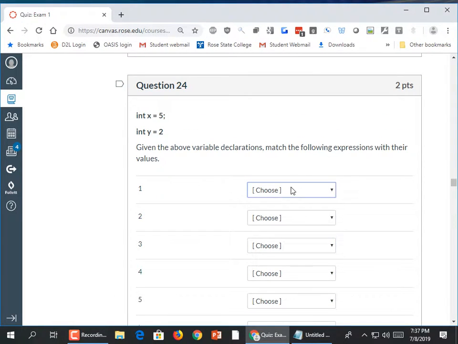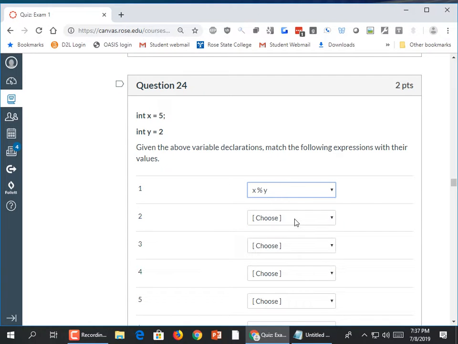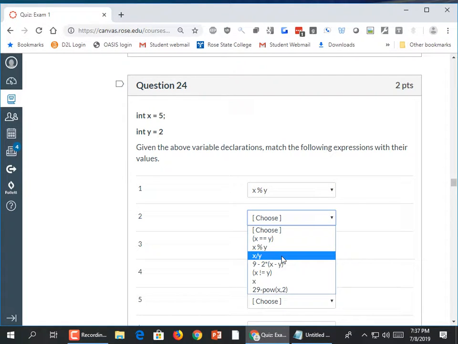All right, second answer, x mod y. Well, we've already established that 5 modulus 2 is 1, so that would be that answer. Third option, x divided by y, but it's integer division, so it's going to be rounded down. I don't see any floating point answers anyways.